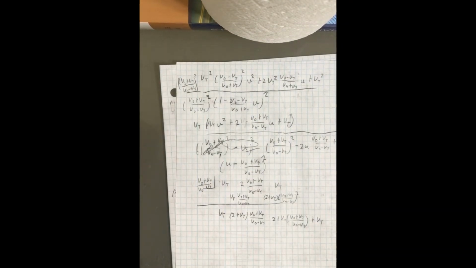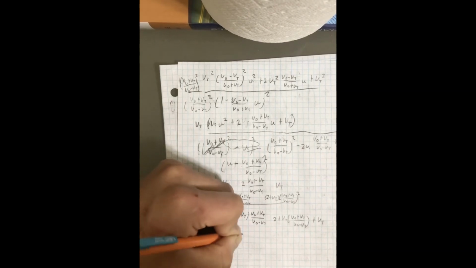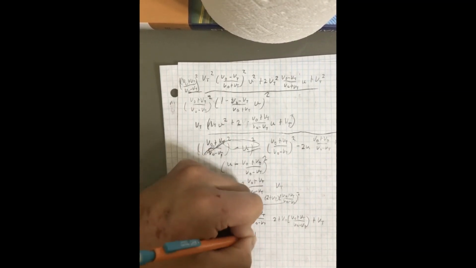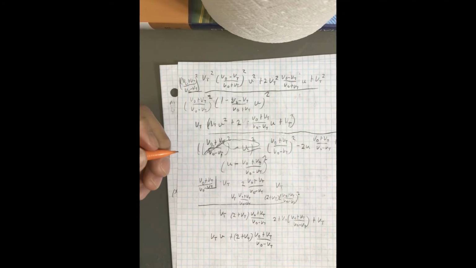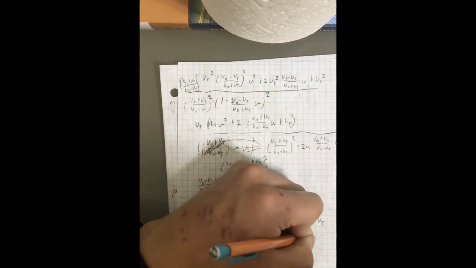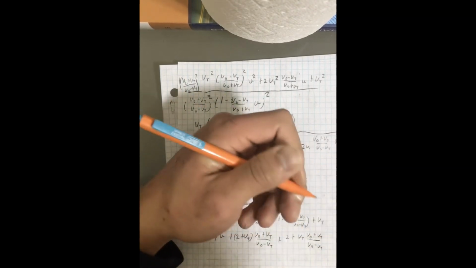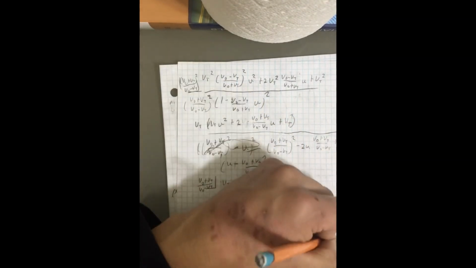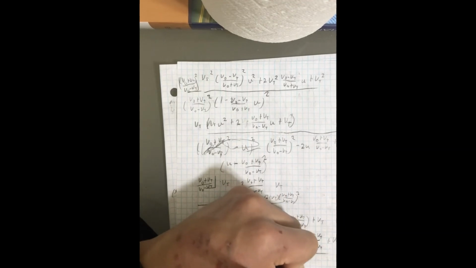Okay, so our new numerator is going to be Vt u plus (2 plus Vt)(V naught plus Vt over V naught minus Vt) plus (2 plus Vt)(V naught plus Vt over V naught minus Vt) plus Vt over V naught plus Vt over V naught minus Vt.